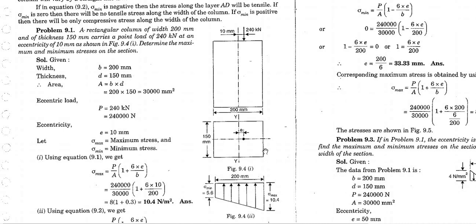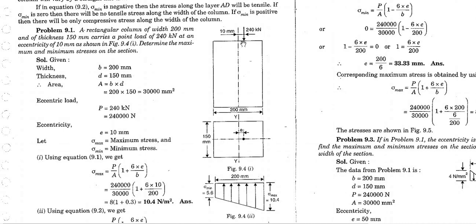This side of the column will take the maximum stress and this side will take only zero stress. To make this kind of scenario, what thing could be variable?